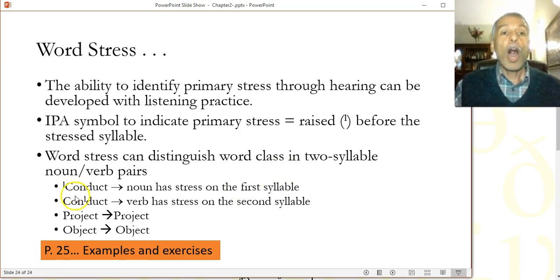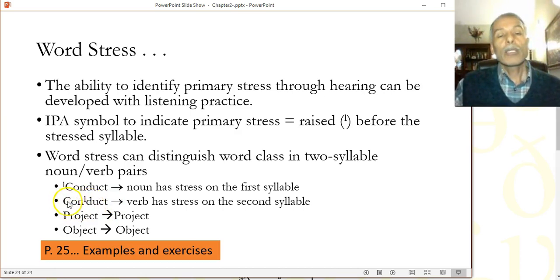For example, say conduct versus conduct. So in the noun, you notice that the vowel is longer. The whole syllable is exaggerated, is stressed. But when you say the verb, you have to use a schwa here and then put the emphasis on the second part, conduct.